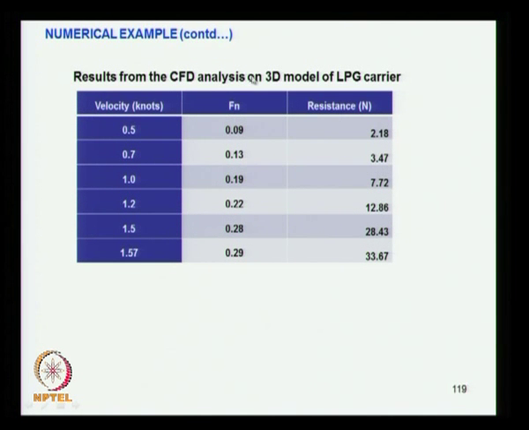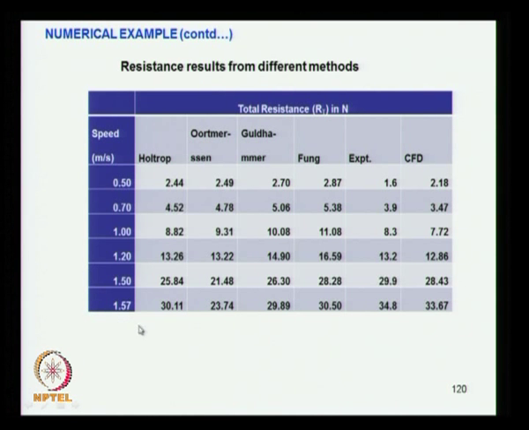CFD was analyzed for this vessel, for this velocity, at the model size generated in the CFD analysis. So this is the model speed and the corresponding Froude number, and these are the model resistance obtained in newtons. Now the total resistance is compared with all of this CFD, and you can see the Holtrop method for the model case, Woodmason, Goldhammer, Fung, experiment and CFD.